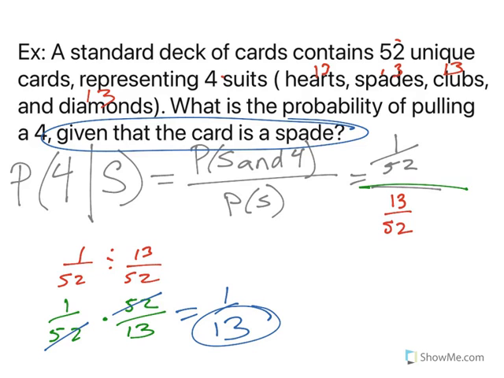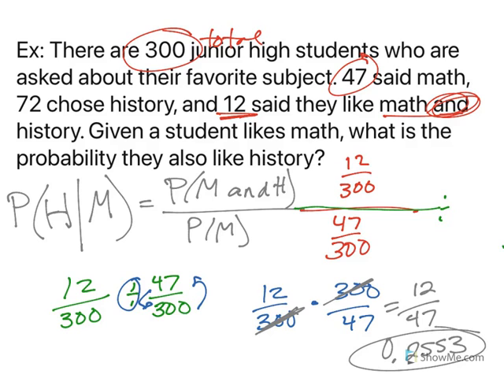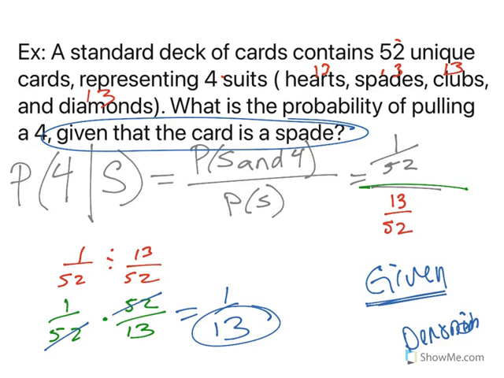That's going to be our denominator. Whenever something follows given, that's going to be your denominator. It worked the same in the last example. Given the student likes math, 47 like math, and that's my denominator.